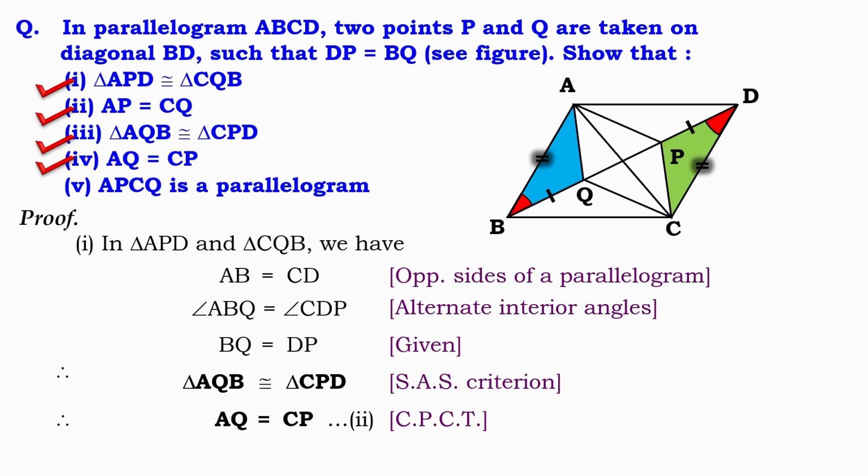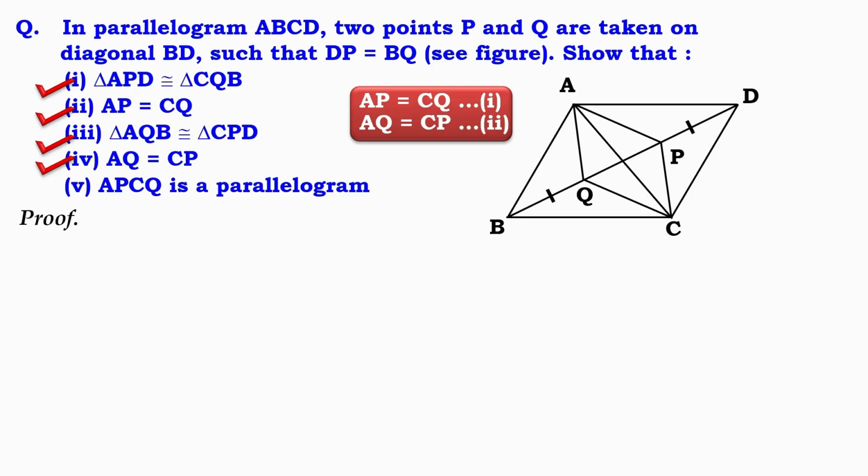Now the fourth part we have already done. Now coming to the fifth one, APCQ is a parallelogram. So that we need to prove. Now to prove that, here we need to consider AP equal to CQ and AQ equal to CP, because that thing we already proved in part 2 and part 4. This thing already we have proved earlier, right?